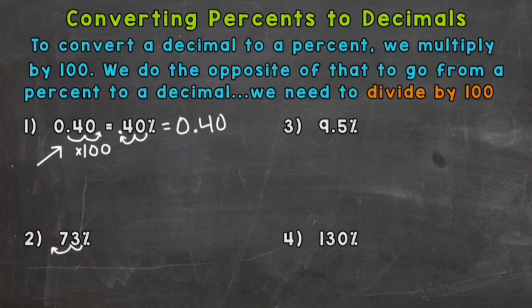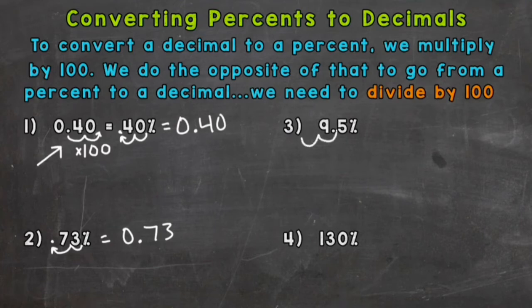Now we have 73%. When we divide by 100, we simply push the decimal point to the left hand side by 2 places. I will get 0.73. That is the equivalent. Now looking at the third, the same procedure.